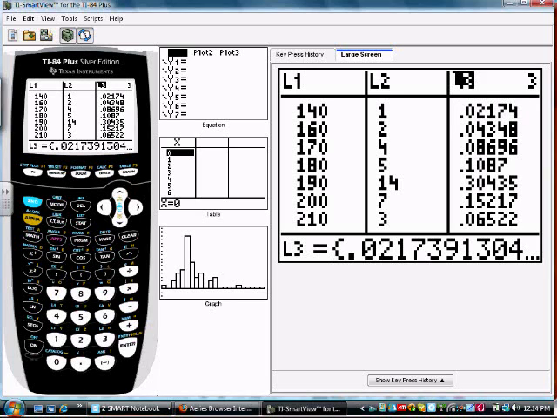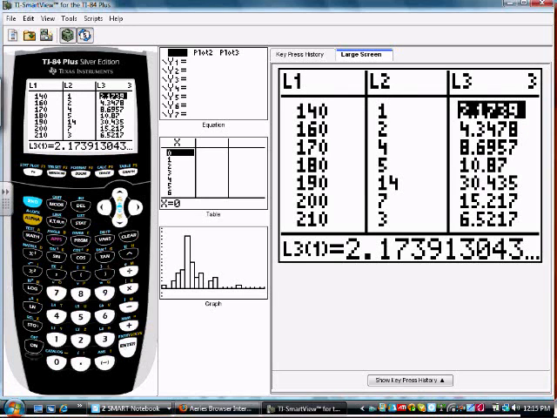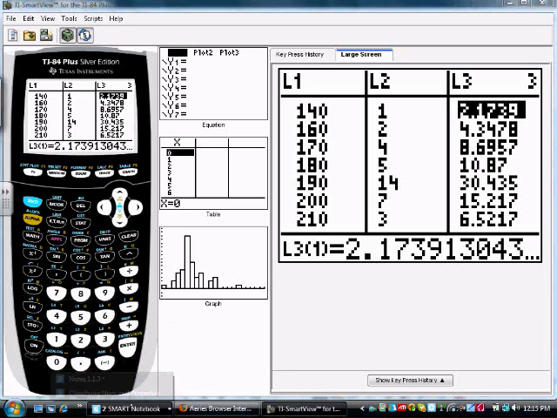Percents? Okay, so I think I am going to put in list 2 divided by 46, and I'll multiply that by 100. Now it'll be a percent instead of a decimal. Let me fill in my chart because we're going to do an ogive by hand.